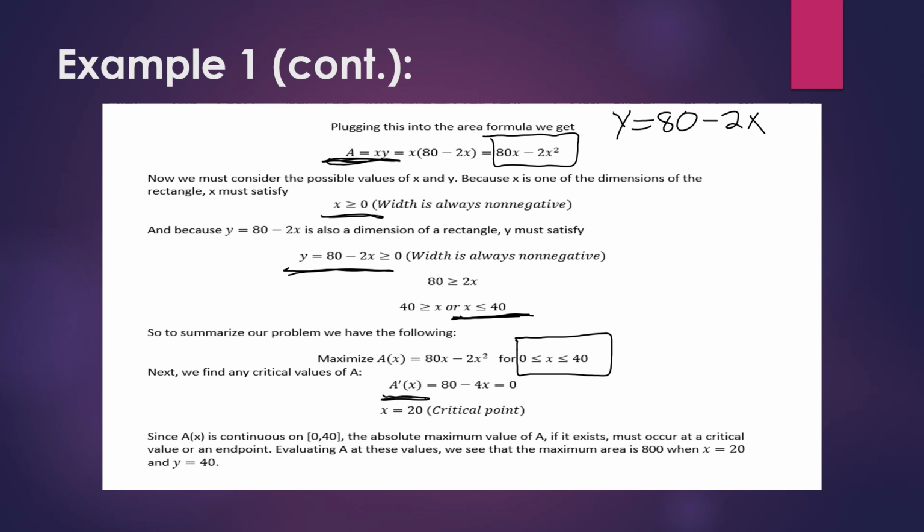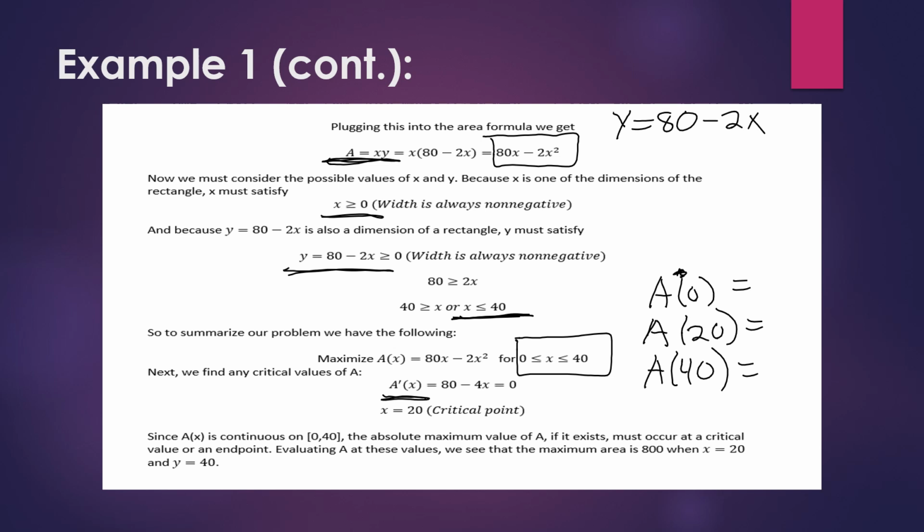Now, because I'm trying to find the maximum area, the three points that I'm going to have to look at are A of 0, A of 20, and A of 40, to figure out which one of these gives me the maximum area.